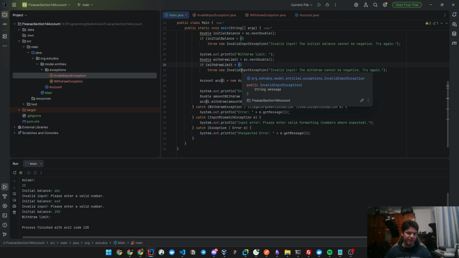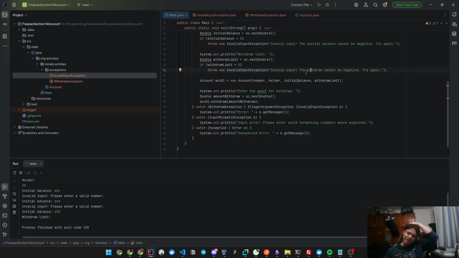In the logic, you cannot have zero as a withdrawal limit, but we will leave it there for the moment. It's just to simplify the lesson. And if you try to add a limit below zero, it throws an exception too.